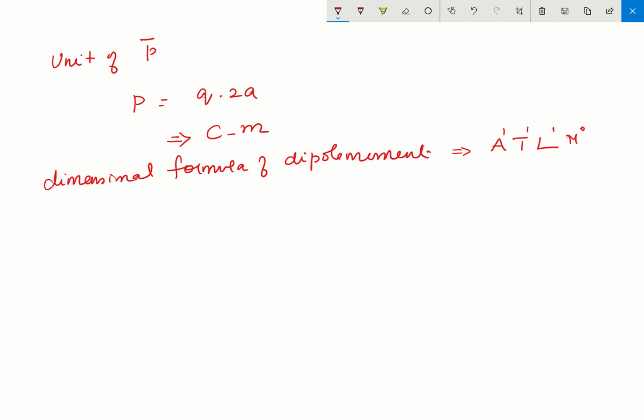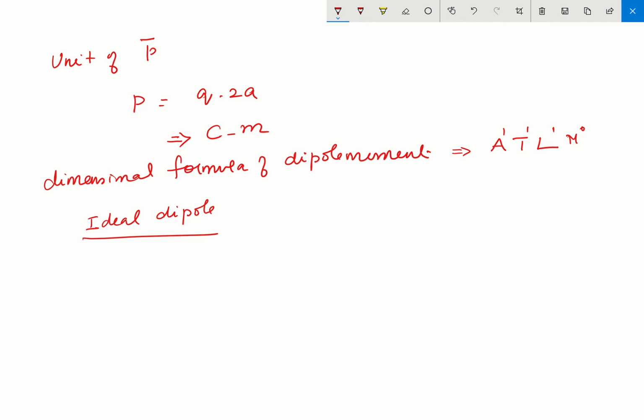Is it clear? Now I want to give you what an ideal dipole is. Ideal dipole means the smallest possible dipole, having almost no size.